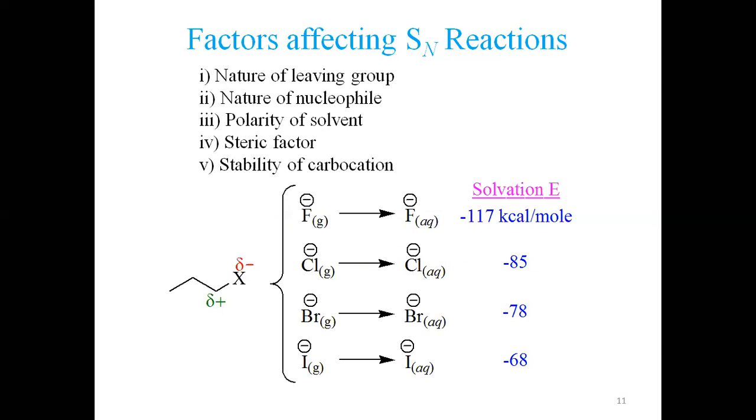How to make it a good leaving group? You remember, if a primary amine is reacted with HNO2, nitrous acid, it results in the formation of diazonium. This diazonium is a very good leaving group because when it leaves, it forms nitrogen gas. So NH2 is converted into a good leaving group in the form of diazonium. So that is a good technique.